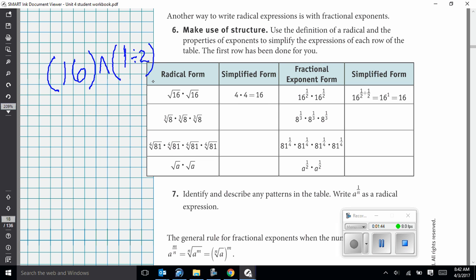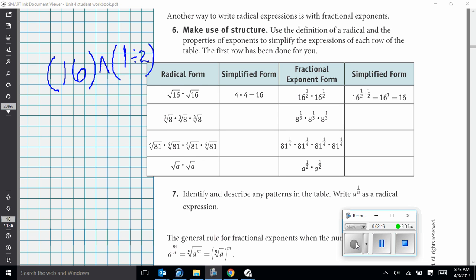Now, obviously, that is less convenient than just pushing the square root button and entering 16, but this is another way of doing it. Sometimes we get exponents that are other fractions, and we need to know how to put those into the calculator, because sometimes that math can be complicated and tedious, and the whole purpose of a calculator is a tool, and a tool is only useful if you know how to use it properly.